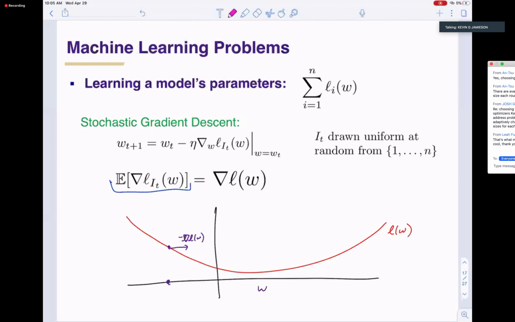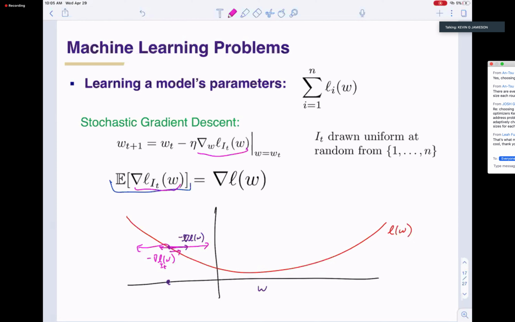But at any given time, for different indices, the random gradient L_i_t could be this way, or this way, or this way.